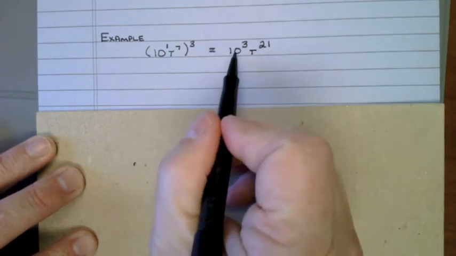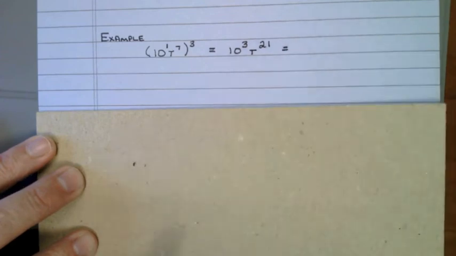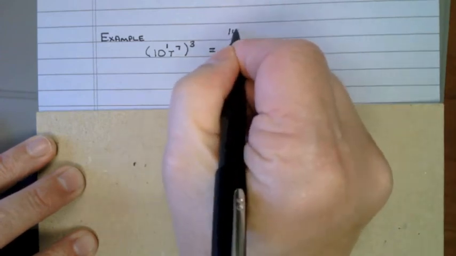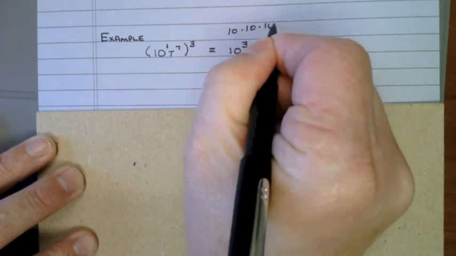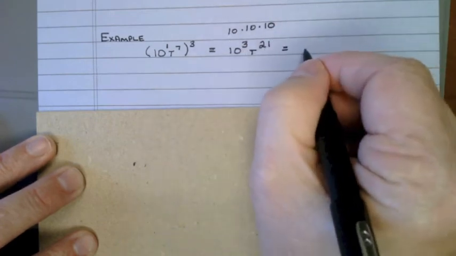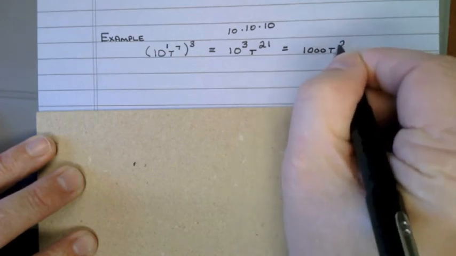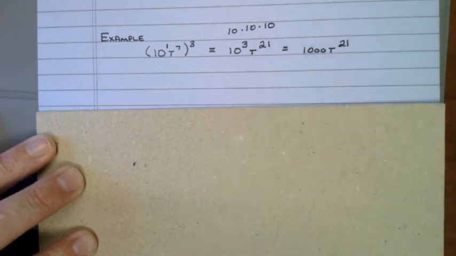And then I need to multiply these numbers out and get my coefficient that goes in the front. That would be 10 times 10 times 10. 10 times 10 is 100, times 10, 1,000. T to the 21st power.